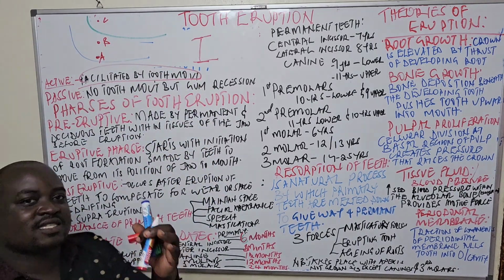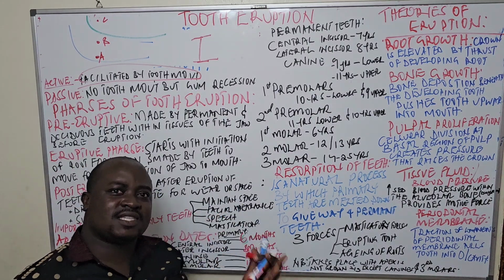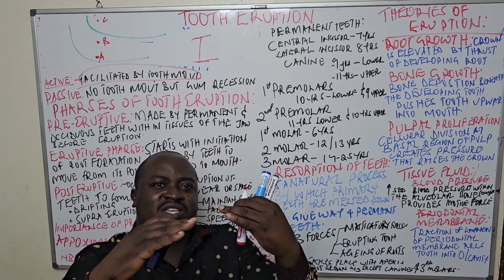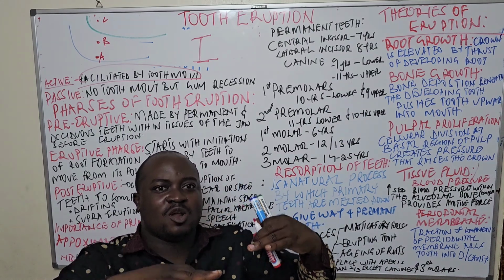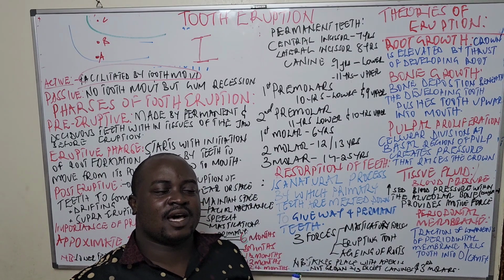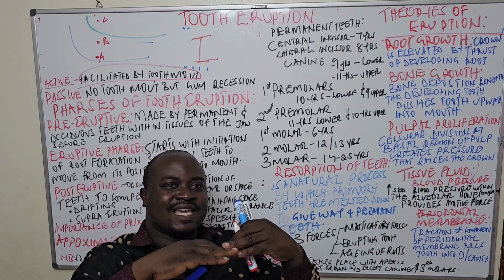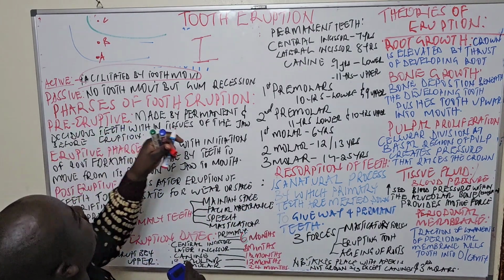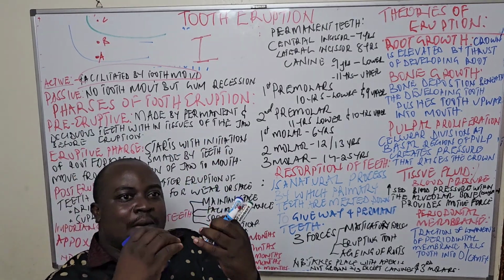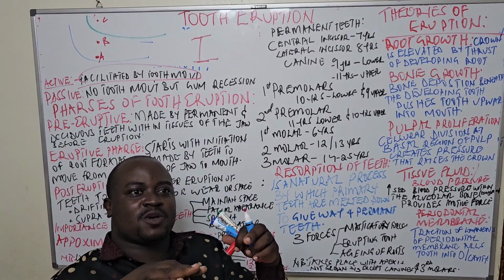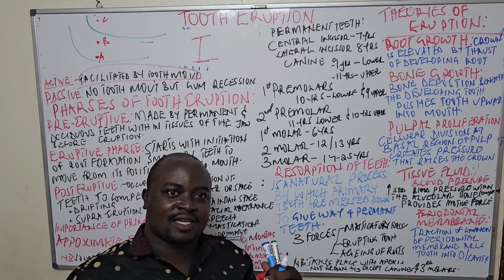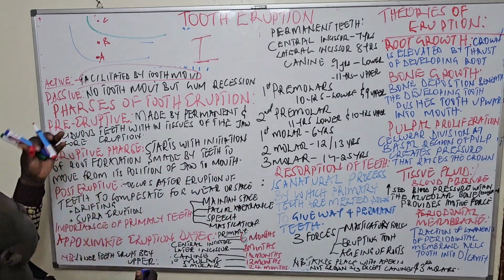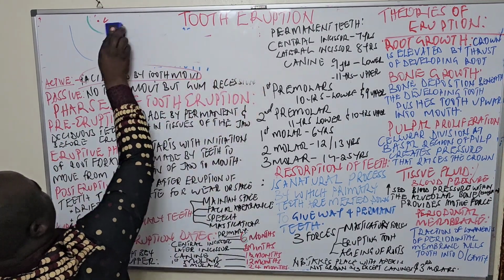However, like I discussed in the previous lecture, we can sometimes have gingival recession, where the gum recedes or moves below the cemento-enamel junction. When that happens, it is also called a passive eruption, because the gum is moving down and exposing the root of the tooth.